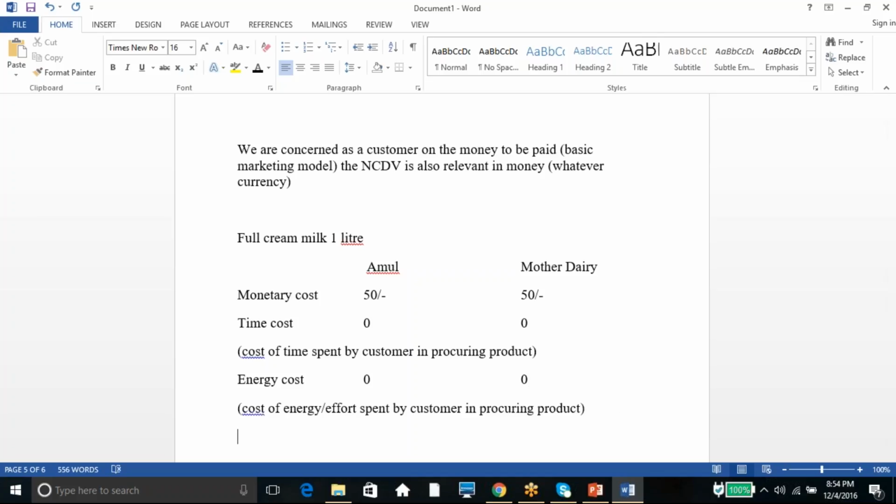You might get a home delivery, you might be going to your campus somewhere to pick it up. There are various ways you'll do it, but it's likely that both are very similar. And then you have a very important cost here called psychic cost.